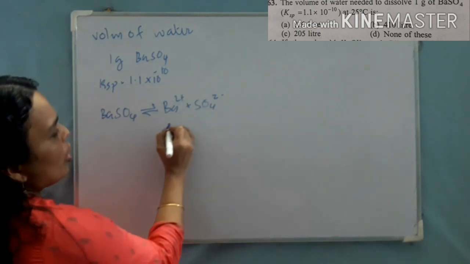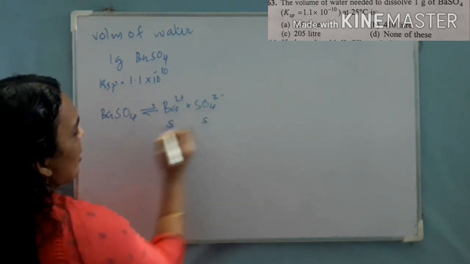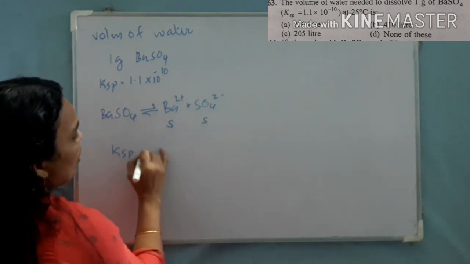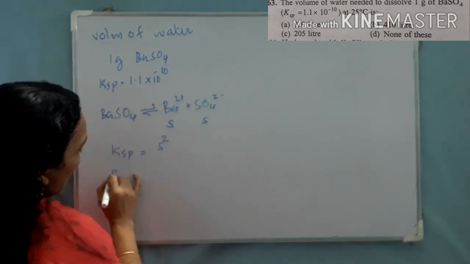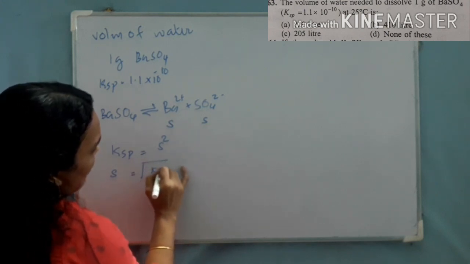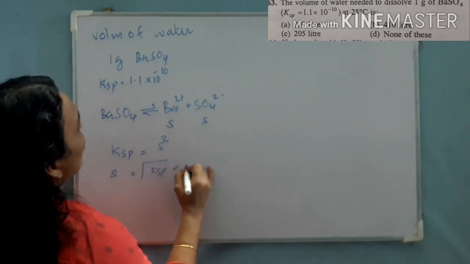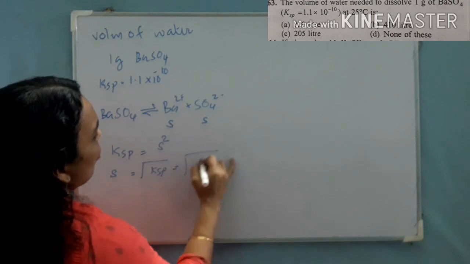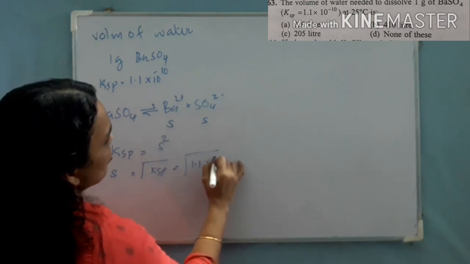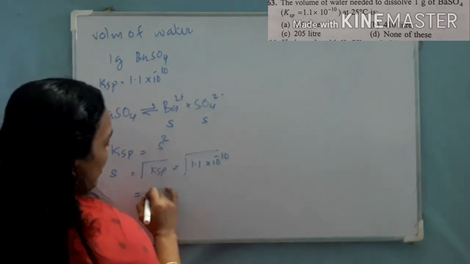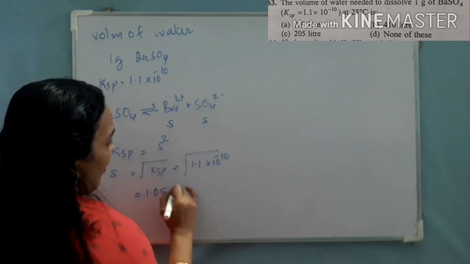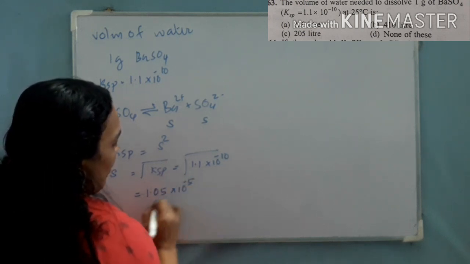Let S be the solubility, so S into S, so KSP is equal to S square, or S is equal to root KSP, that is root of 1.1 into 10 raised to minus 10, which is equal to 1.05 into 10 raised to minus 5.